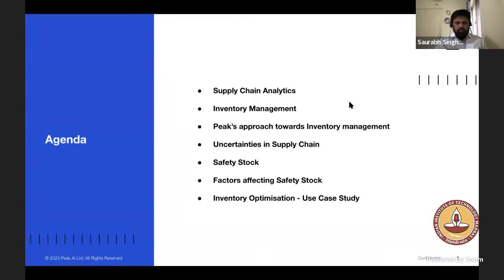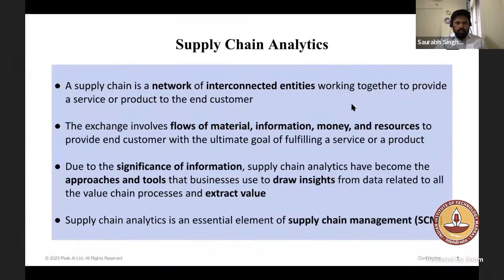So I'll start with the supply chain analytics, giving an overview of that. Supply chain analytics is basically a part of supply chain management. And talking about supply chain, it is a network of interconnected entities that work together to provide a service or a product to the end customer, right?